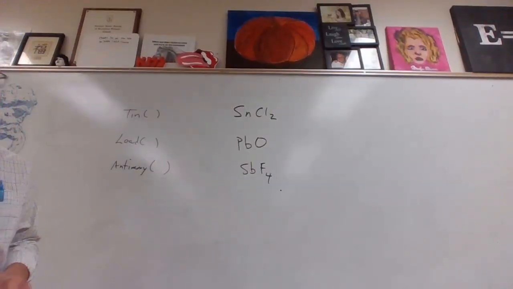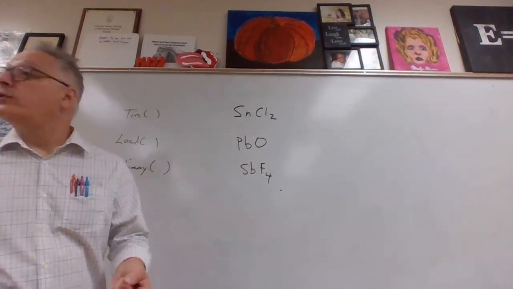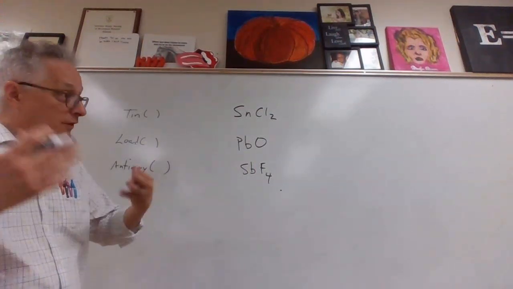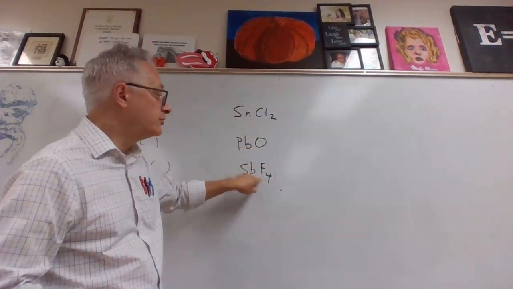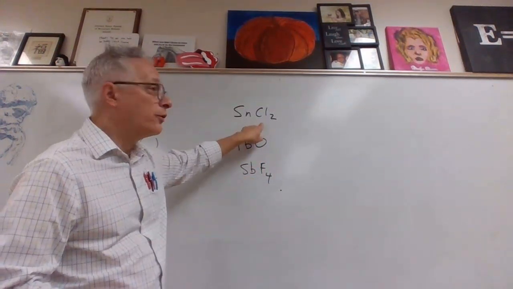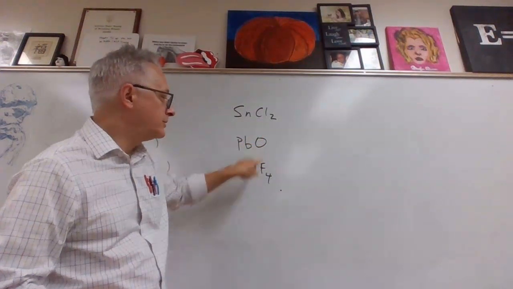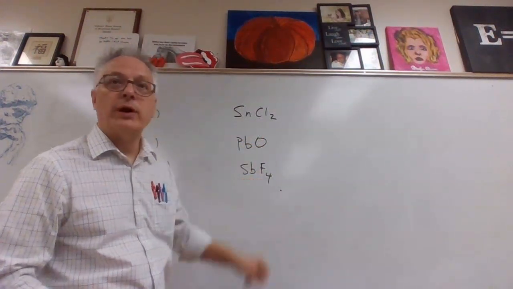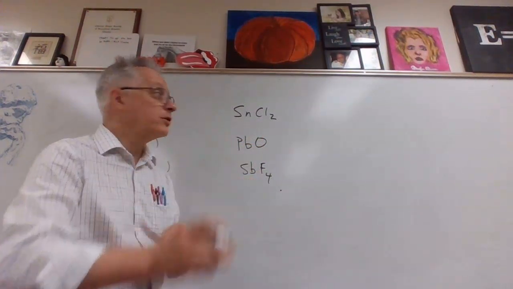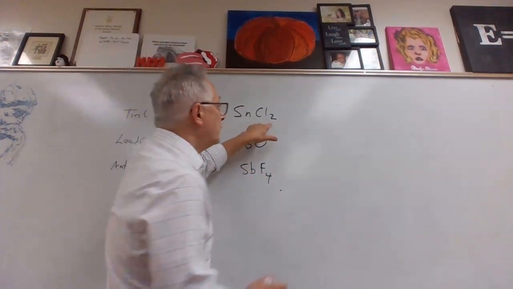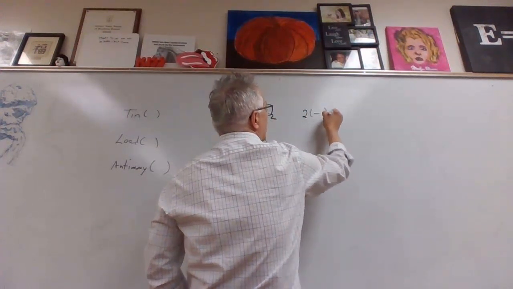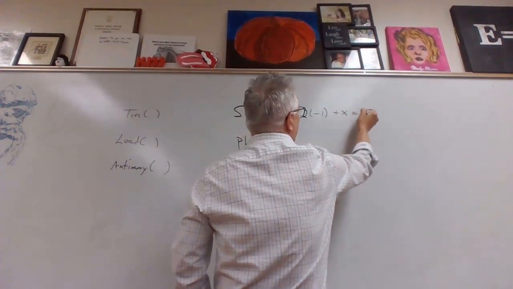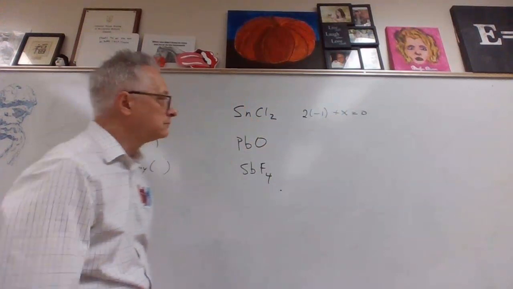Even if you're not quite done with them, there's another way you could do this. If you're having some trouble, remember, you know the charges that each of these ides get. Chloride is -1, oxide is -2, fluoride is -1. You have that in your notes, and you have it on your periodic table. So you could even do this like an algebra problem: 2 times -1 plus x has to equal 0.